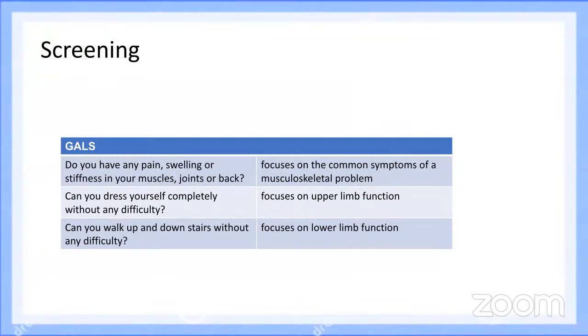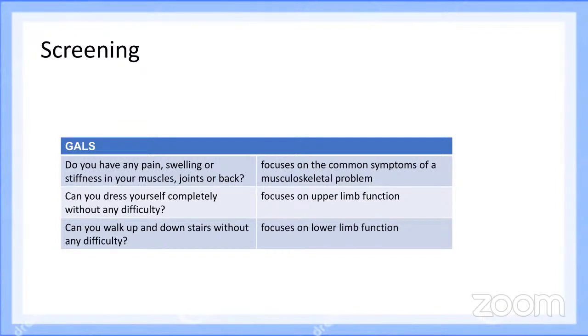Good management and the correct differentials, as we all know, are going to be based on a good history and exam. And in the primary healthcare setting, because we are limited with time as well, we found that screening to identify the area of concern can help narrow down the questioning from the history as well as the exam. We use the GAL system in terms of the screening, which I'm sure all of you know, stands for gait, arms, legs, and spine.